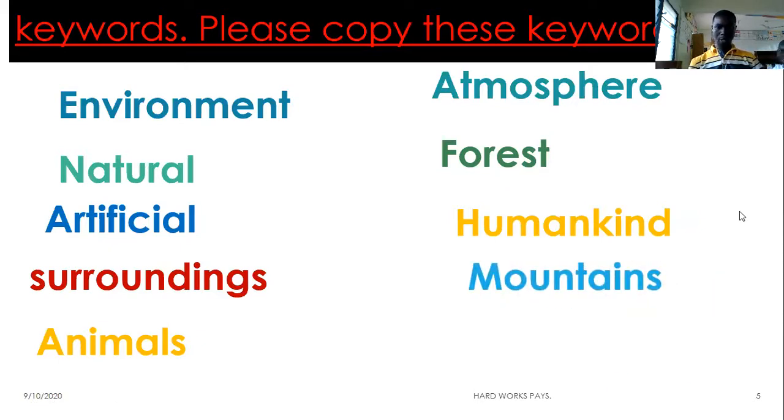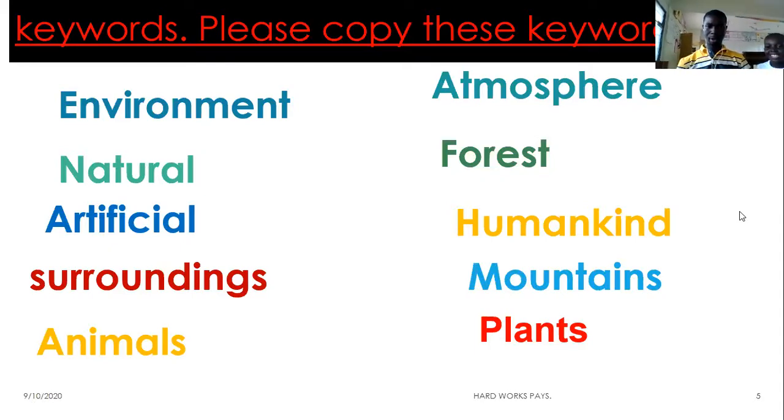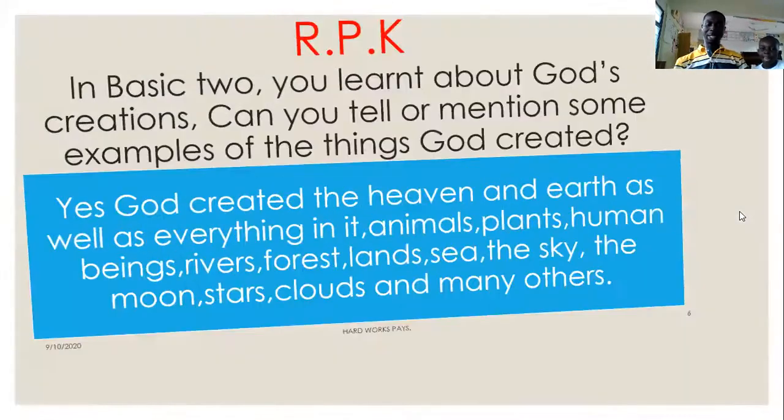Can we spell mountains together? M-O-U-N-T-A-I-N-S. Very good. The next one is plants. Can we spell together? P-L-A-N-T-S. Very good. Now, these are the keywords.